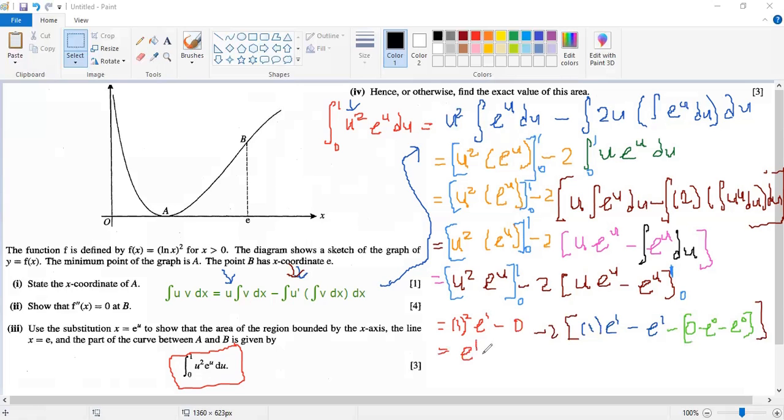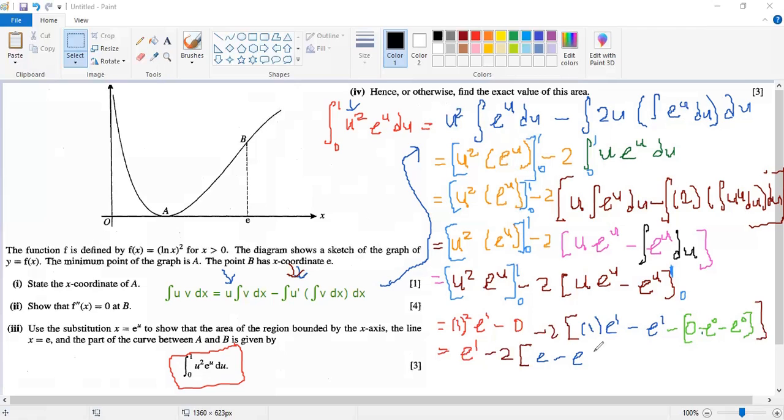This becomes e to the power of 1, and then this becomes minus 2. And then in the bracket, let's simplify all of this. So e minus e, and then this is plus 1, isn't it? Am I doing it correctly? Just checking, sorry. At the time 0, so minus plus, right?